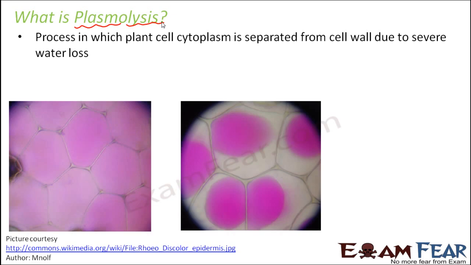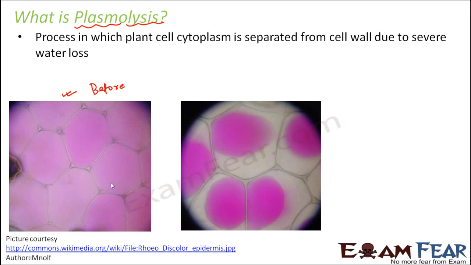Let us look at this picture, which will give a better idea. This is how the plant cell looks like before plasmolysis. So if you see, this pink colored structure represents the vacuole. Now in plant cells, vacuole occupy a major portion of the cell. So this is the vacuole, and this white region which you see, they are nothing but the cell walls. And inside that you have the cytoplasm and so many other organelles.